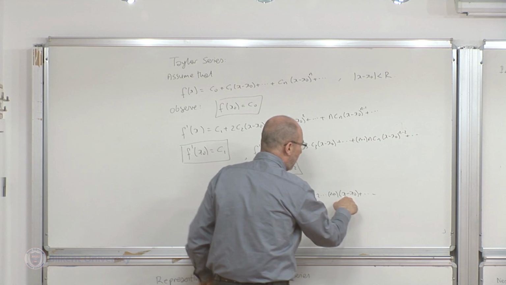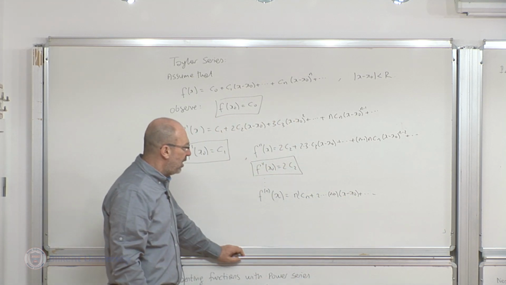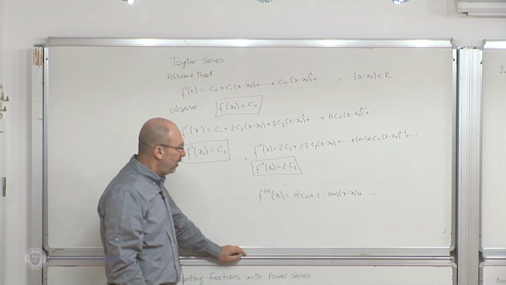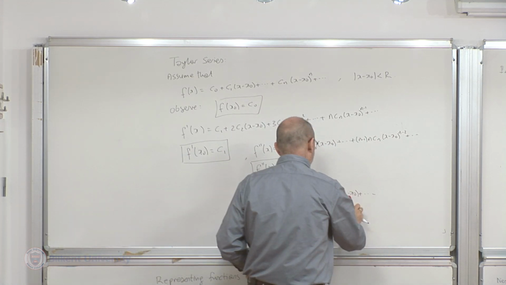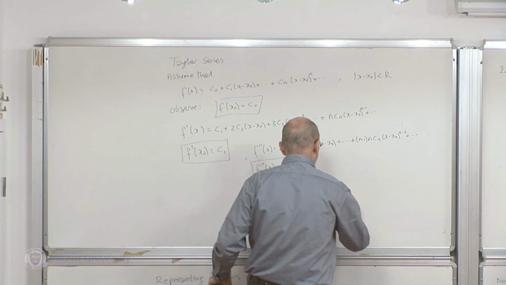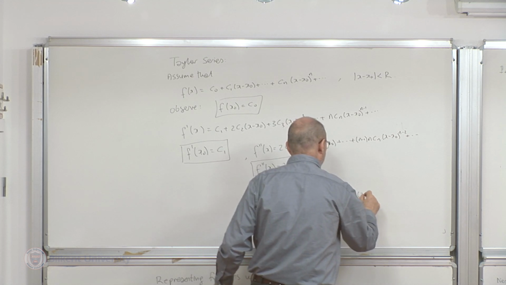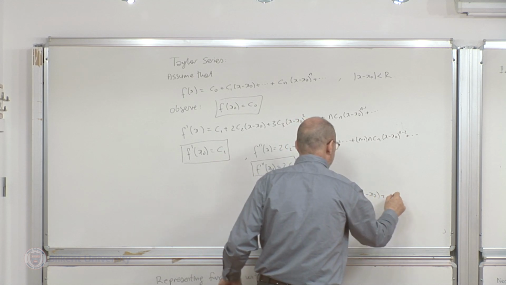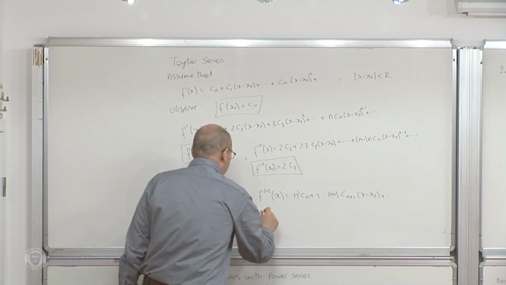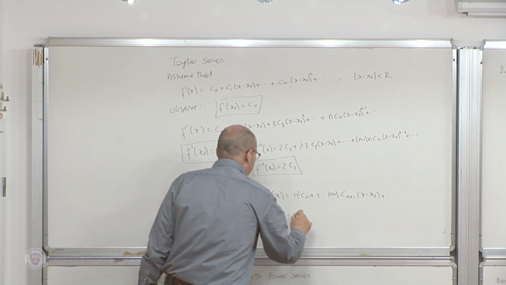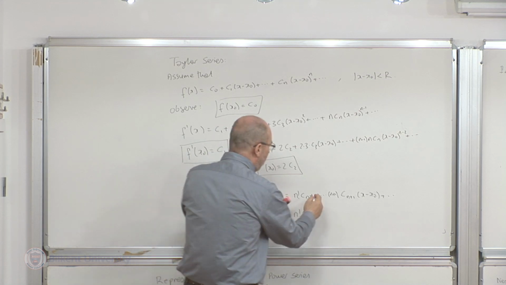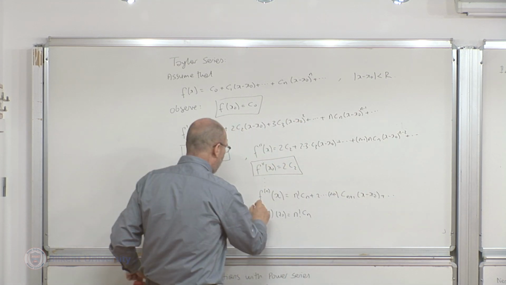All other things are of the form something times (x minus x sub 0). Here I forgot to put c_{n+1}(x minus x sub 0) plus. Okay, now if I put x sub 0 here, I'll have n factorial c_n, and all of these will be killed.